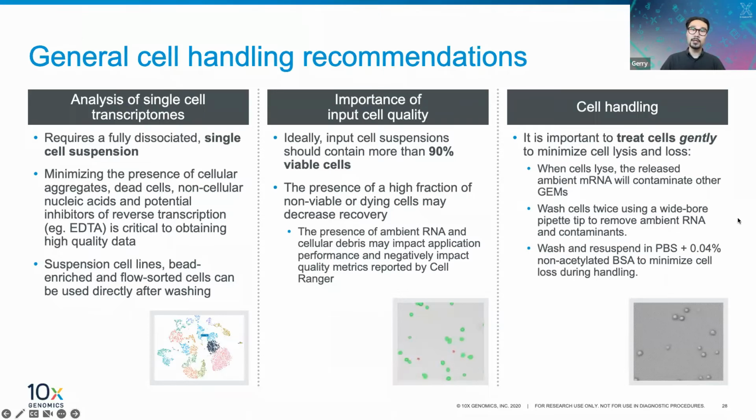The wide bore is to make sure that your cells are being pipetted very gently, and you're not putting them through a very narrow pipette bore where they could potentially lyse. We also recommend that you wash and resuspend in PBS plus 0.04% BSA to minimize cell loss during handling. This concentration of BSA can be adjusted, but this is a good starting point.